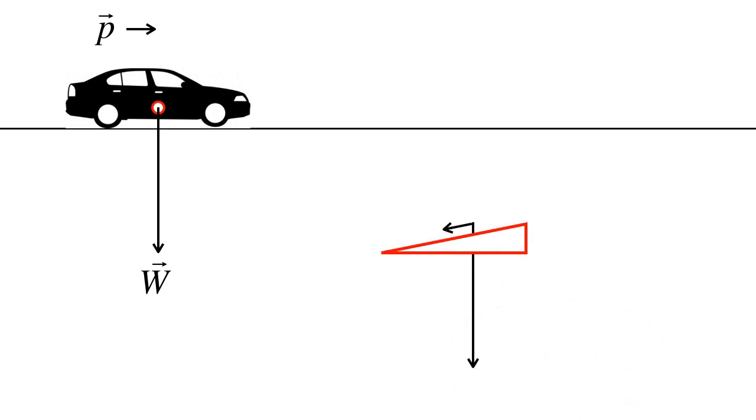If you put the car on the ramp, the component of the gravity force, the component of the weight force that pushes it down the ramp, is exactly the same as the push force here. So Galileo is saying, look, you say that you need 0.02 units of push force.